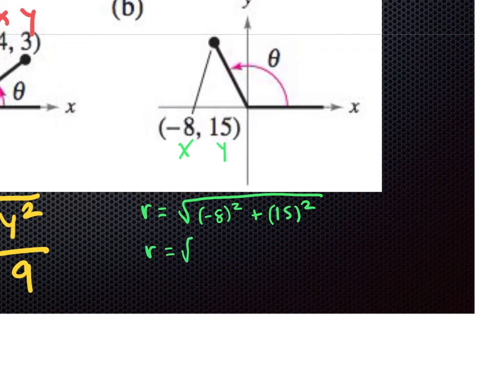So r is equal to the square root of 64 plus, what's 15 squared? 225. 64 plus 225 is 289. So what's the square root of 289?